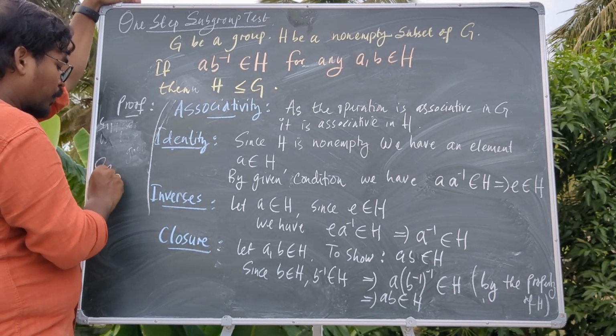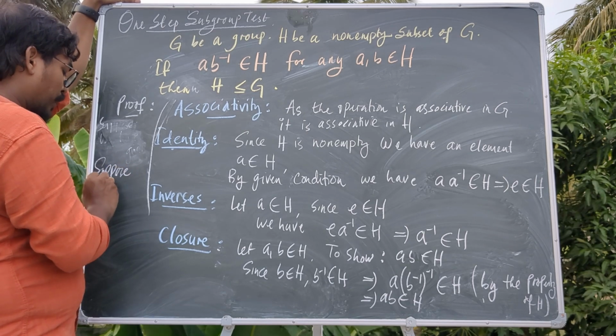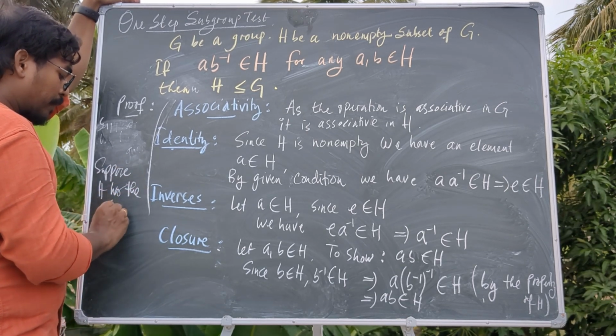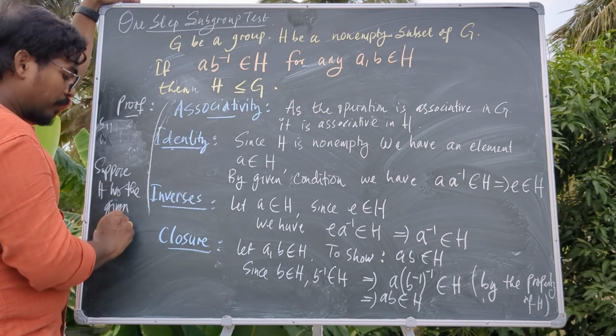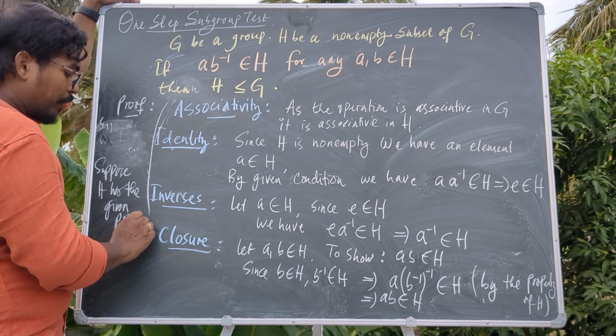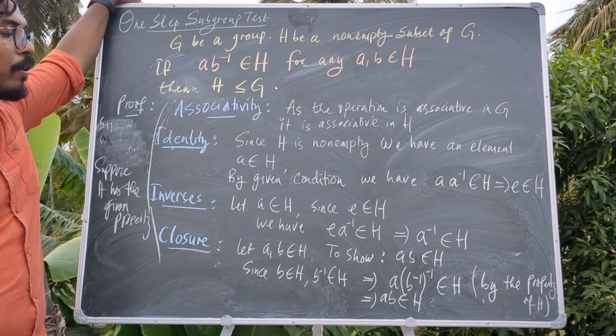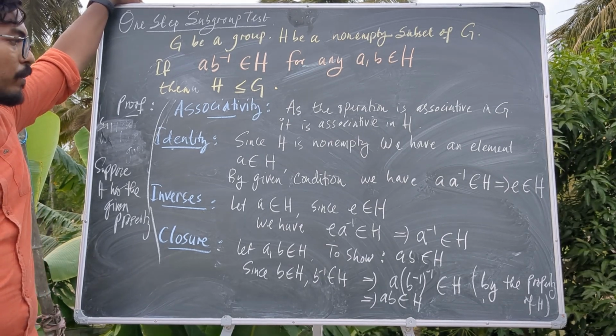Suppose H has the given property, and we are starting from here. We have the property given, then we are showing that H will satisfy all four group axioms.